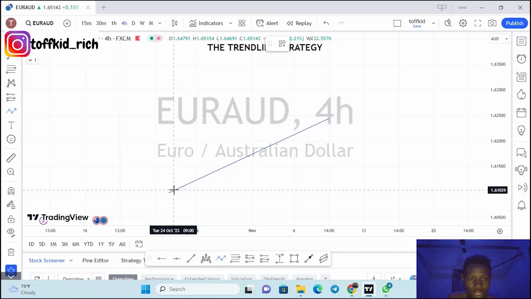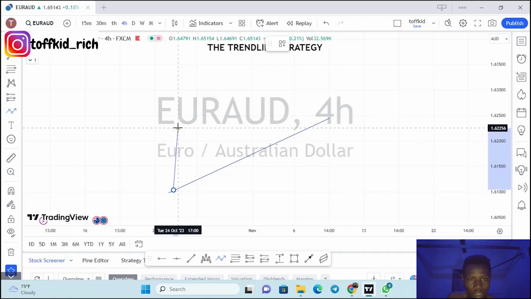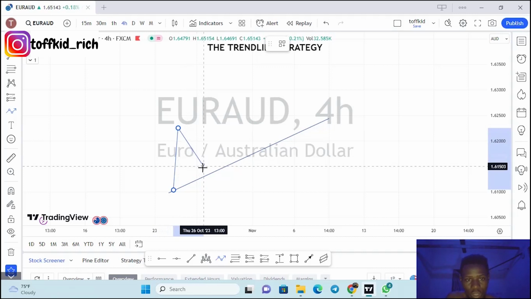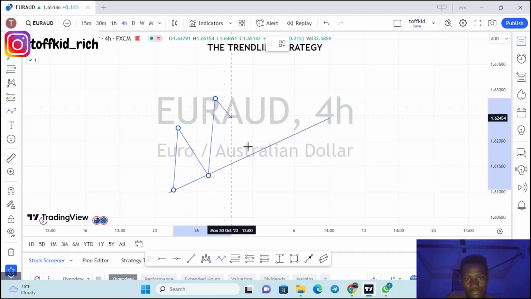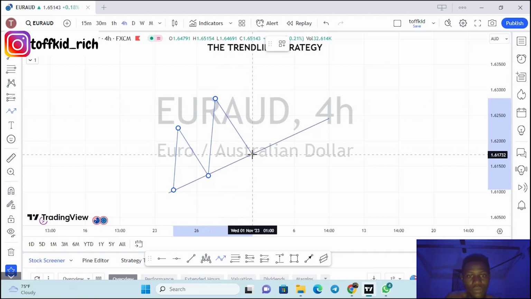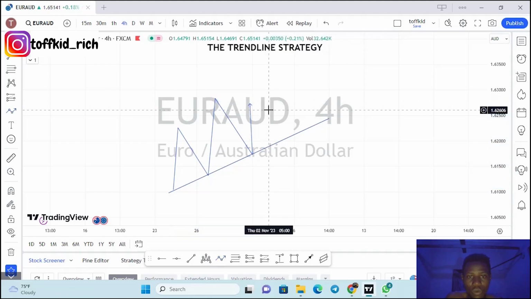Now at this point, the market pushes all the way to the upside right here, then returns back onto the trend line, pushes back here, comes back onto the trend line, and then pushes way back to the upside once again.